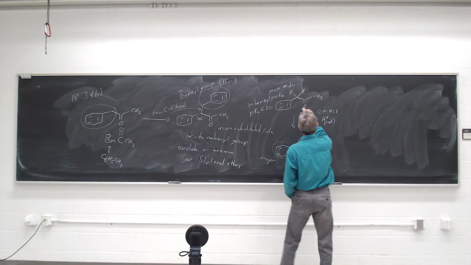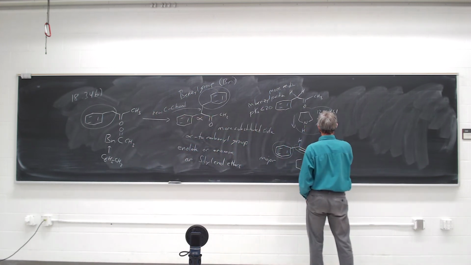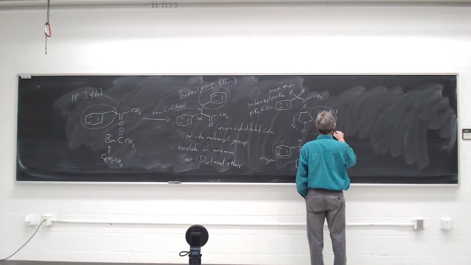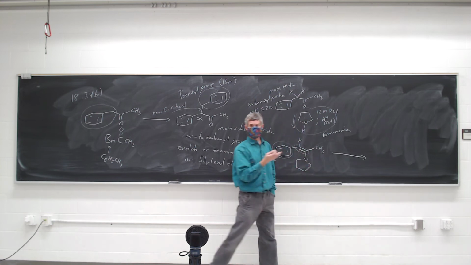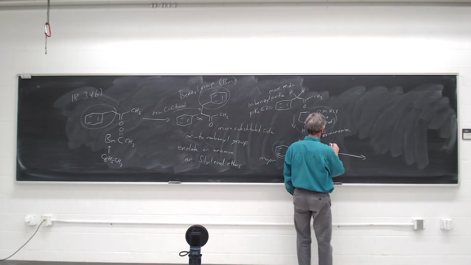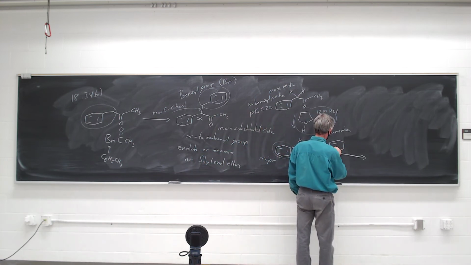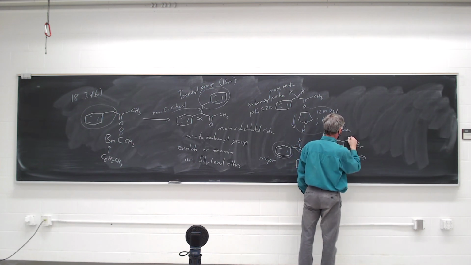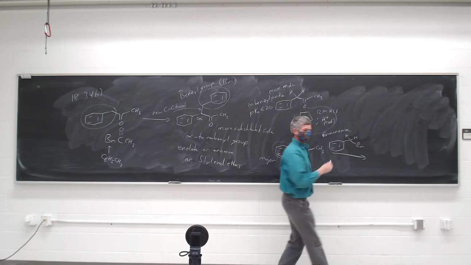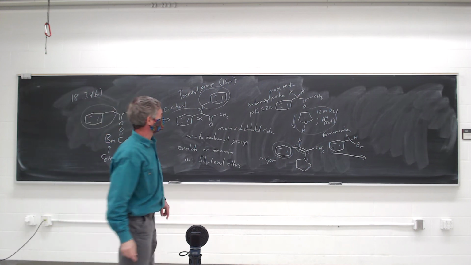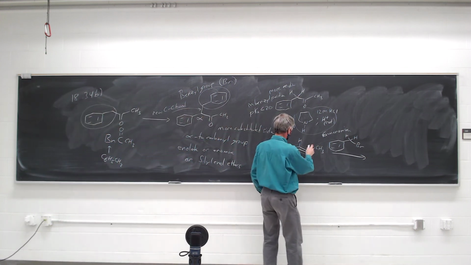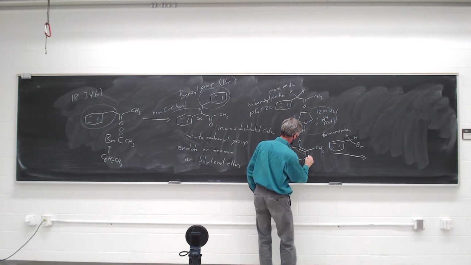So the first step is to protect as an enamine. And then that can react spontaneously with alkyl halides. I can't remember if they used the bromide or the chloride. Yeah, they used the bromide in the chapter. So this will then do that SN2 reaction.